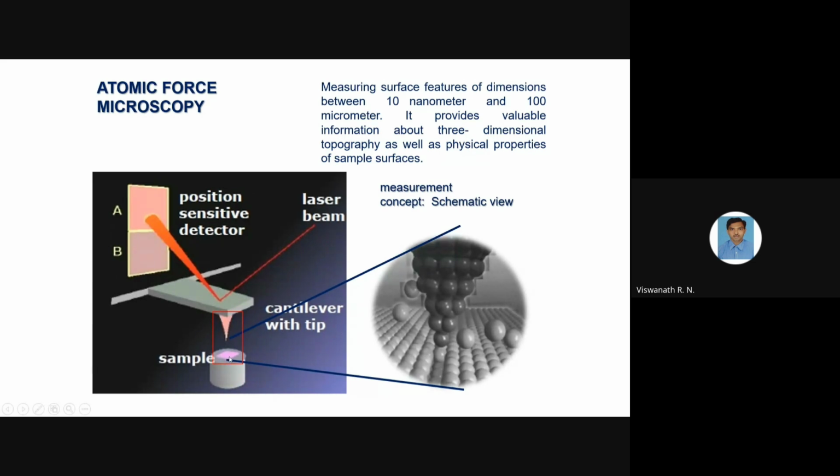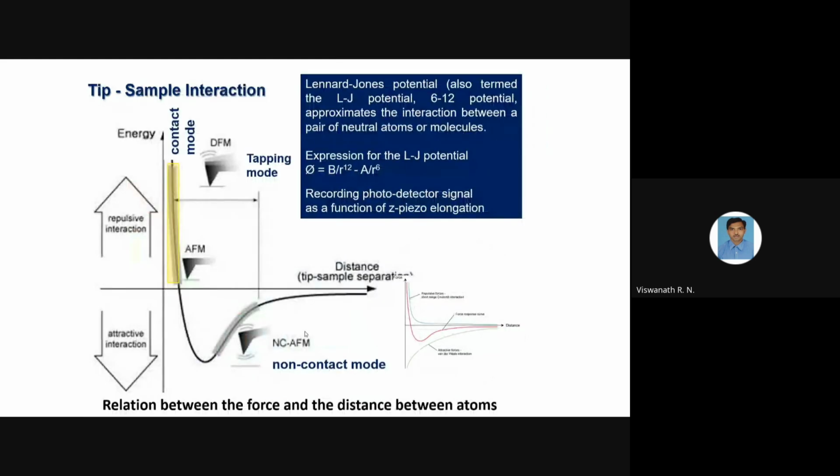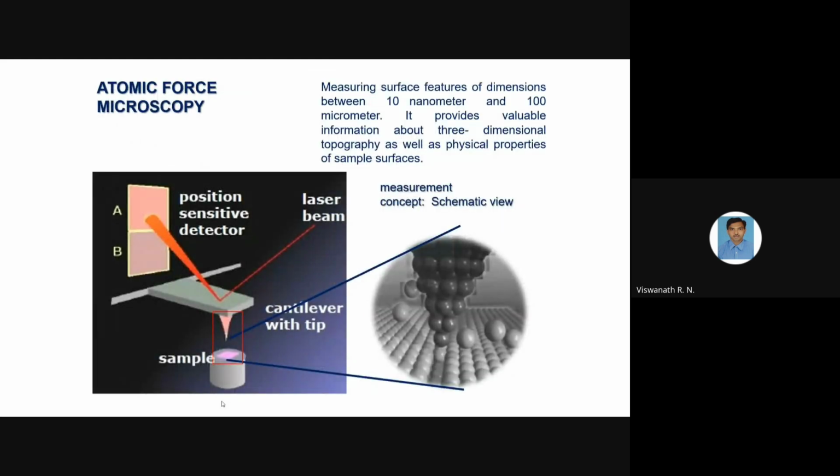They fix the height, then scan the region 100 micrometer by 100 micrometer. The tube moves 100 micrometer in this direction, 100 micrometer in this. So you will get the full information, the atomic arrangement, about 100 by 100 micrometer using this.